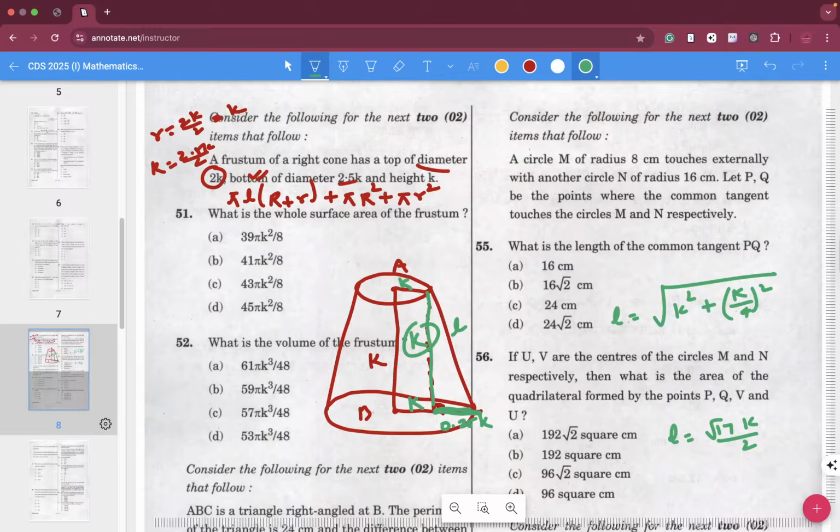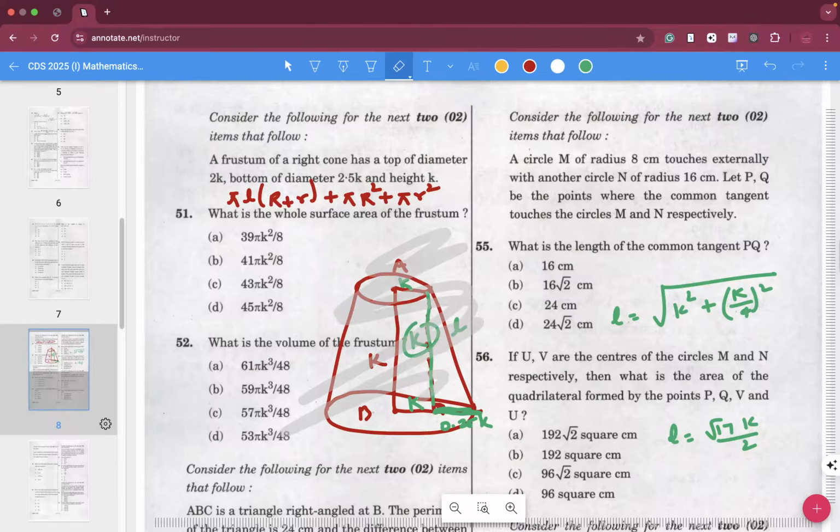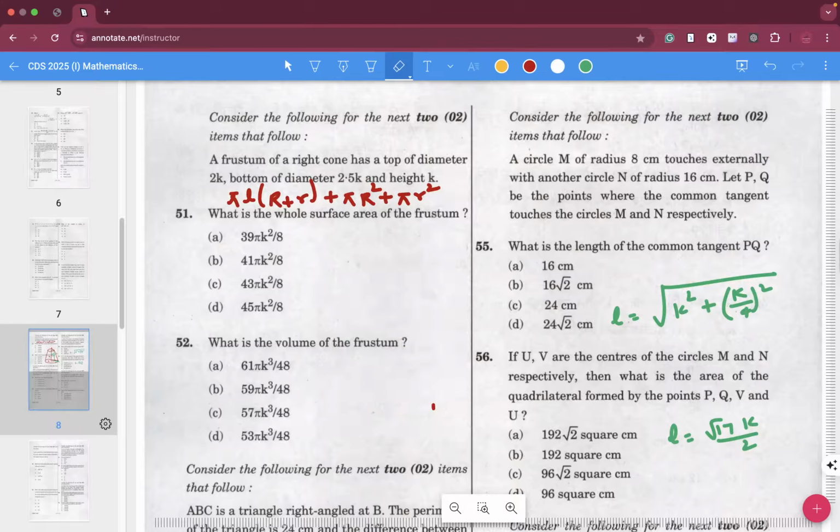So now let's put this in the formula that we have got. The slant height is root under 17k by 2. So pi, let's write down pi as it is, and over here L value into R plus r.